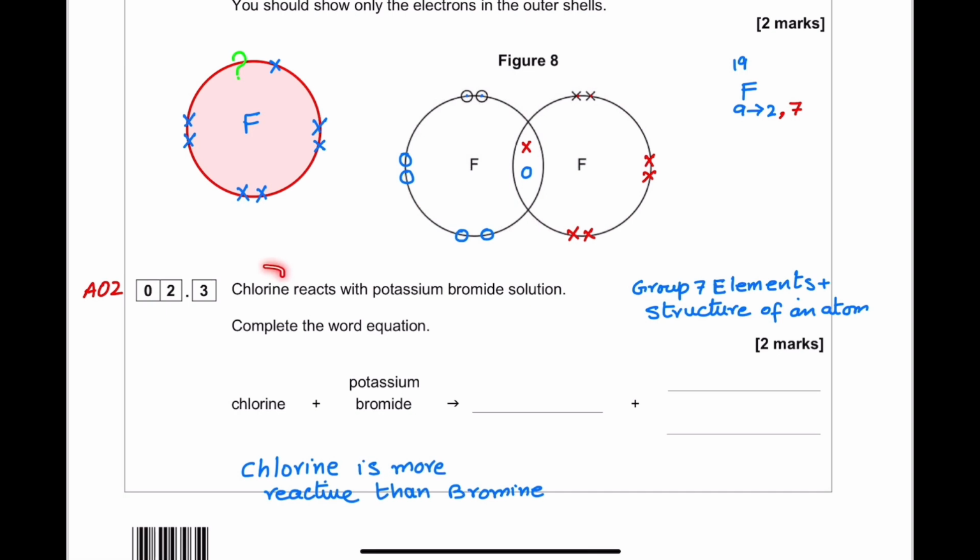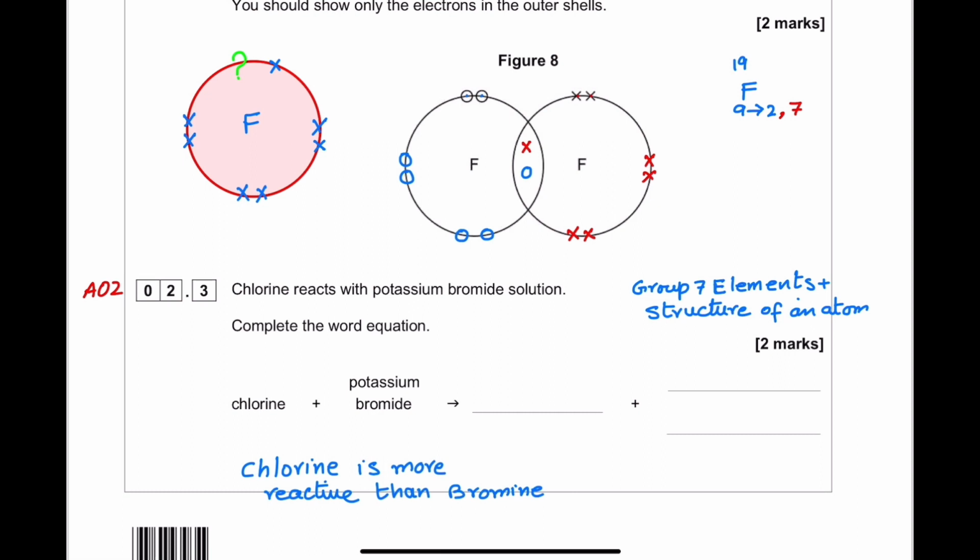In the chemical reaction, chlorine is displacing the bromine from the potassium bromide solution. The reason is chlorine is more reactive than bromine. In this chemical reaction, the chlorine will displace the bromide and react with potassium.